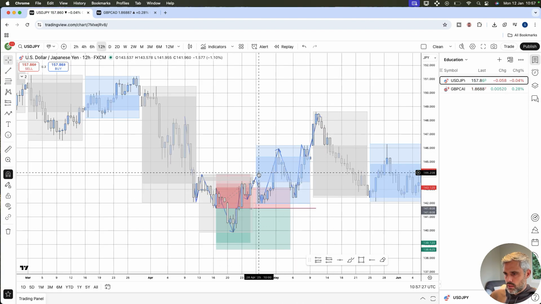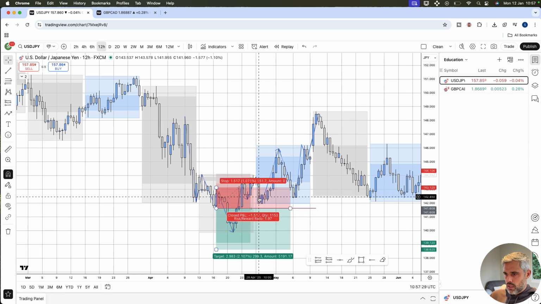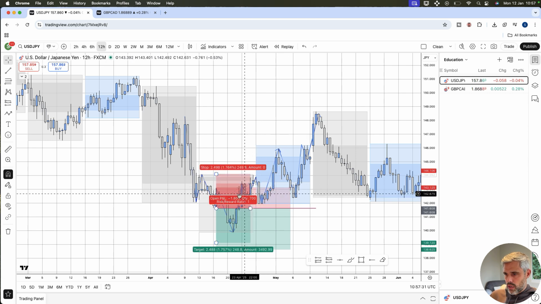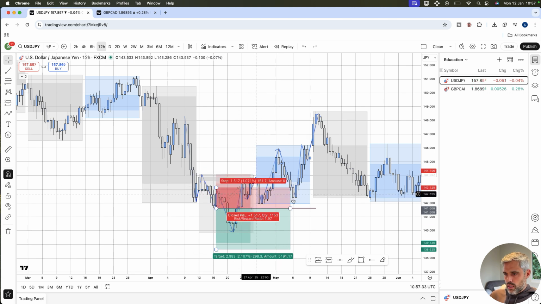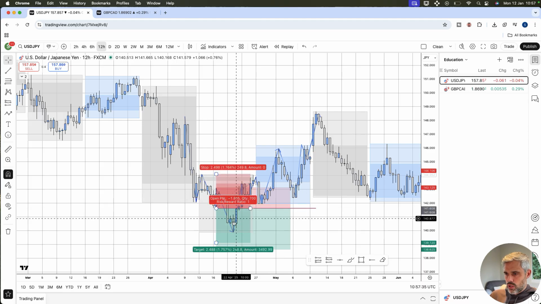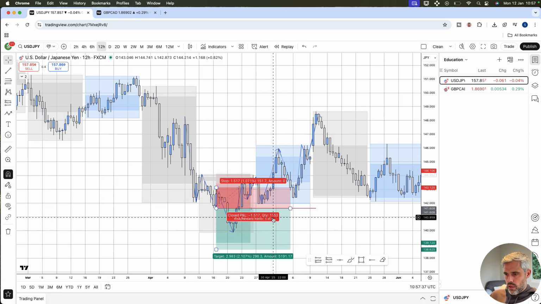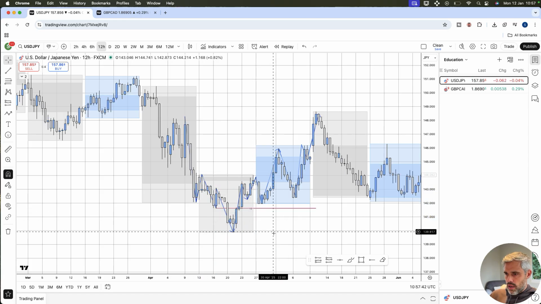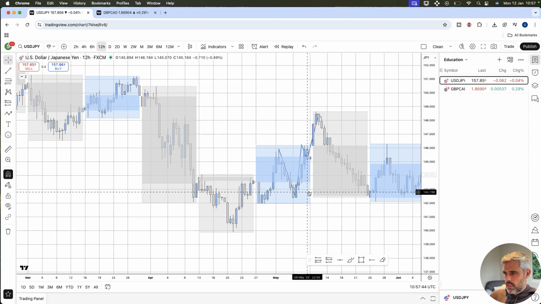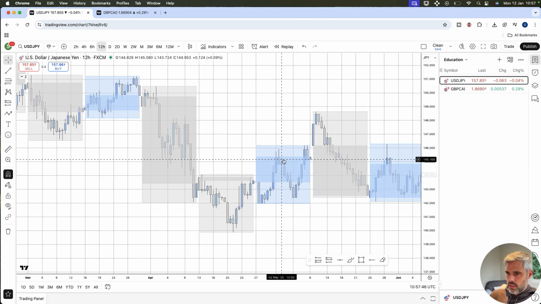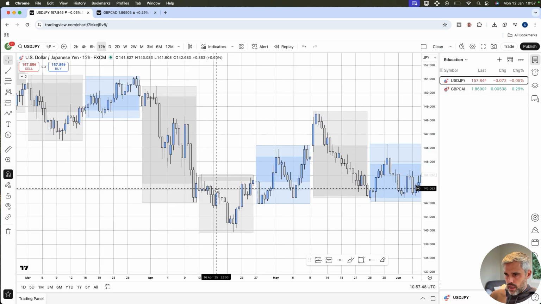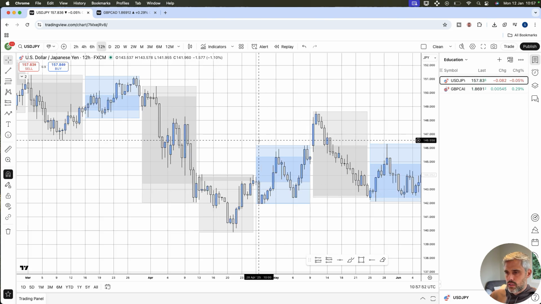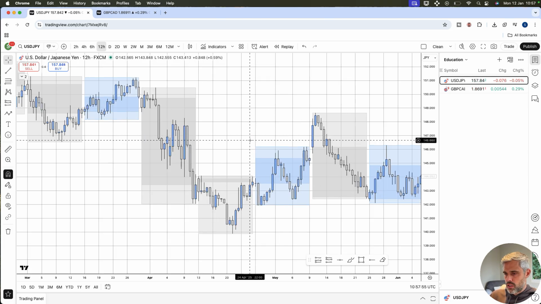And the reason is that the actors in the market that are distributing or collecting orders at this point don't want to give anyone that got into trades here the opportunity to get out. It's trapping traders into their positions. So that's a breaker block. It's areas whereby you had an order block that turns into a zone that then acts as support for a corresponding move in the opposite direction.